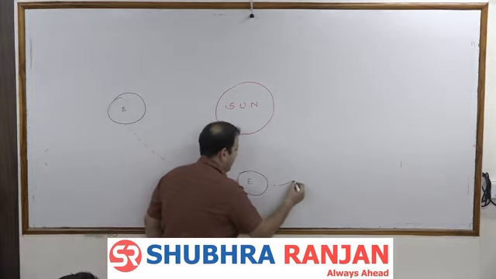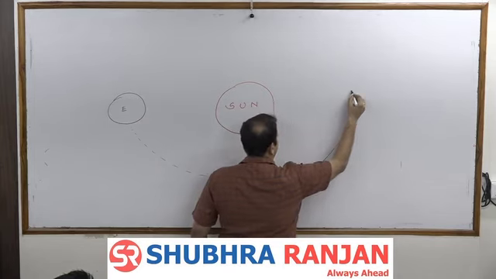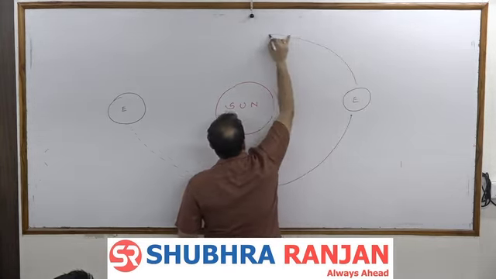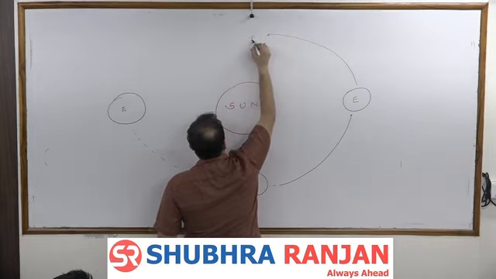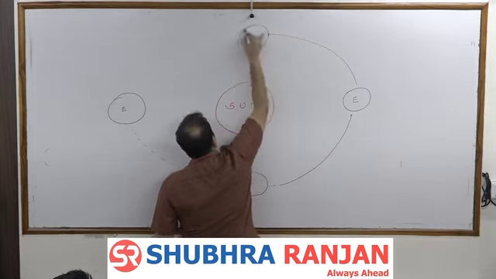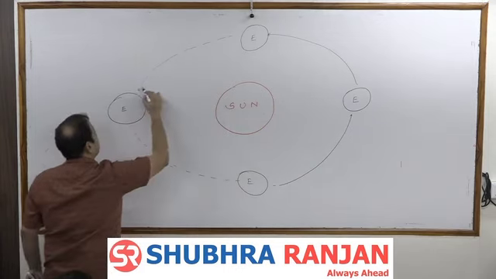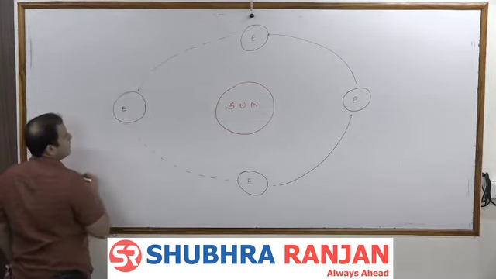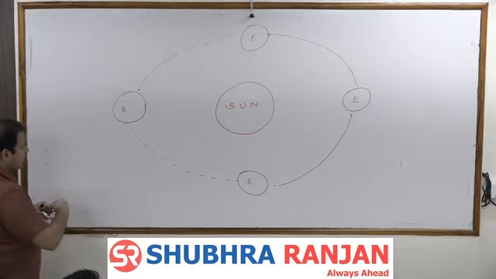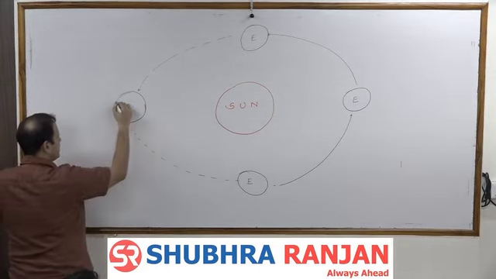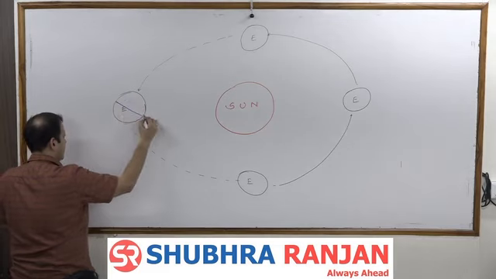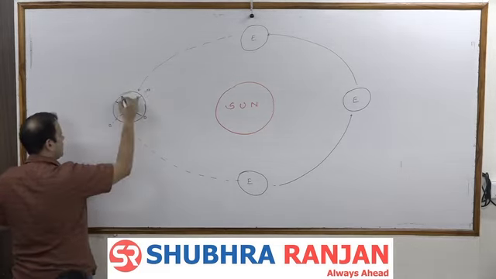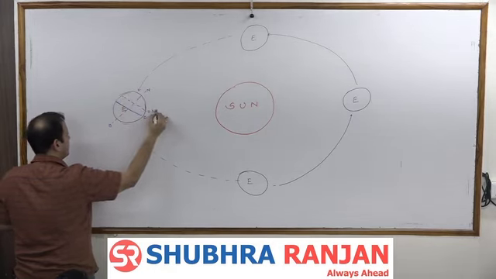Earth. But how it is the earth? It is inclined. That means this is the equator. This is the North Pole and South Pole. This is the Tropic of Cancer.